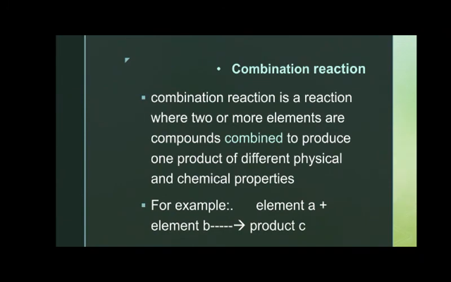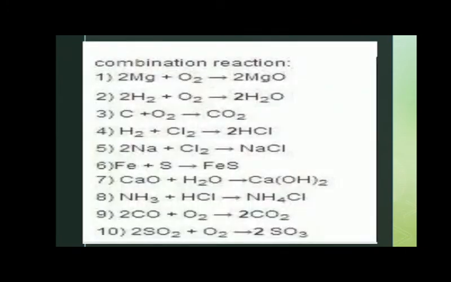Combination reaction is a reaction where two or more elements or compounds combine to produce one product of different physical and chemical properties. For example, element A when combined with element B gives product C. Here are some examples of combination reaction that you can go through.